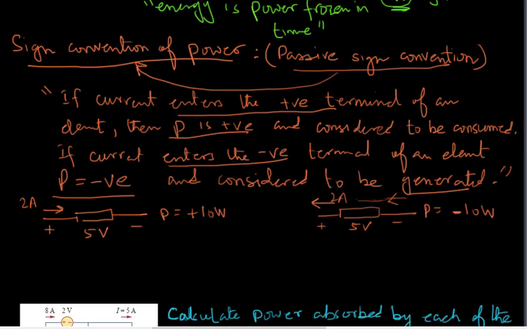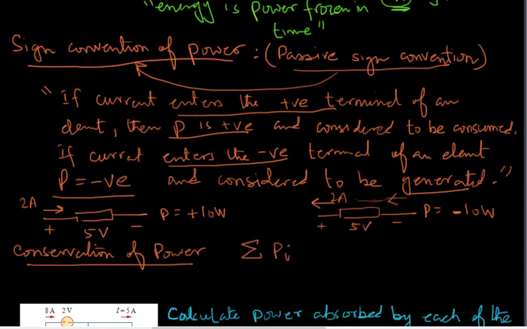One important side note is that the law of conservation of energy dictates that the power in a circuit is also conserved. This is also very important to understand. So conservation of power means that in any circuit, the sum of all the powers of all the elements, where i denotes the element number, is conserved.